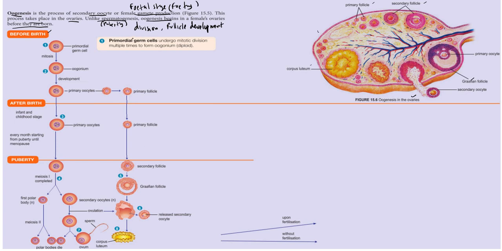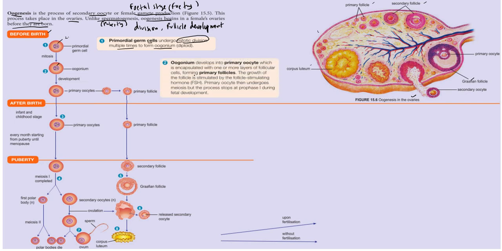Inside the ovary we have the primordial germ cells. They undergo mitotic division multiple times to form oogonium. The keyword here is mitotic division. With mitotic division, of course the chromosome number will be the same. So here 2n, here also 2n, oogonium. We develop into oogonium, also diploid.